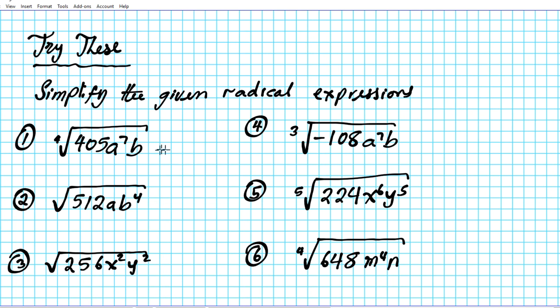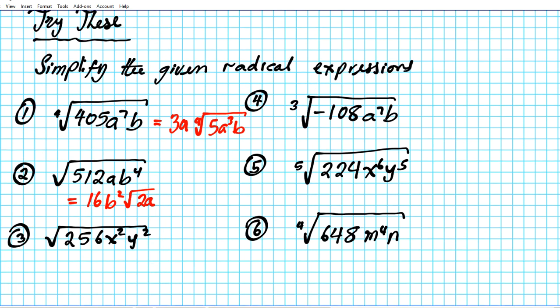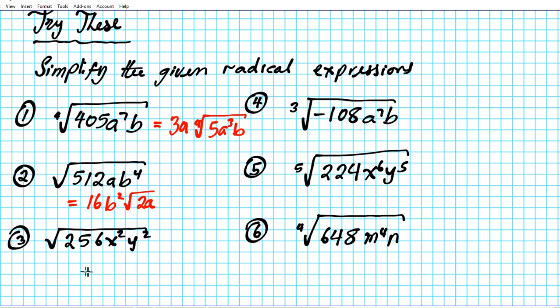For the first one, the answer is 3a times the fourth root of 5a cubed b. For number two, the answer is 16b squared times the square root of 2a. For number three, the answer is 16xy.